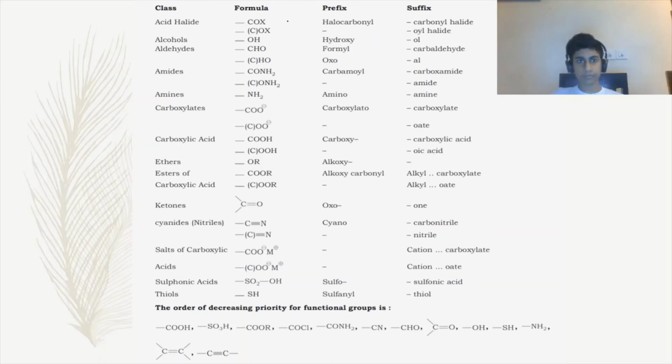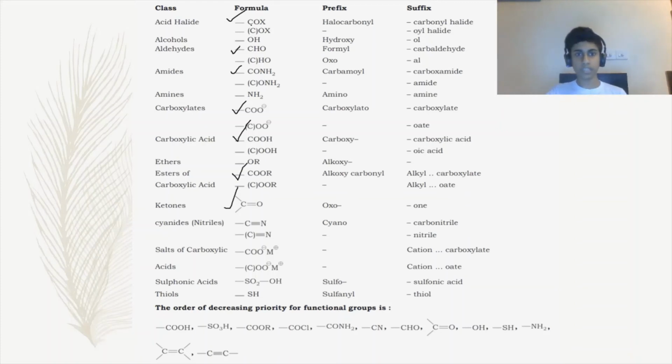Now, so we just have acid halide. In all the lists, wherever there are two, the first one, like these ones, some of these are actually names for benzene.